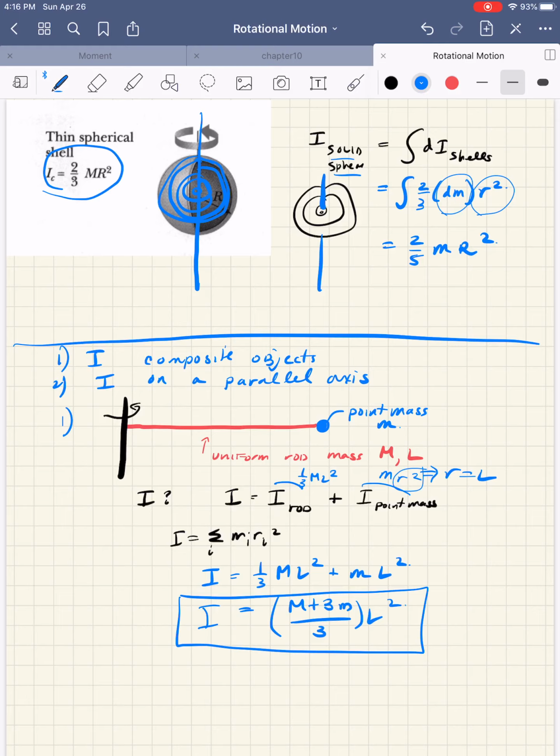Let's talk about case number 2, which is what is the moment of inertia of an object on a parallel axis. So, for example, let's say I have a spherical shell right here.